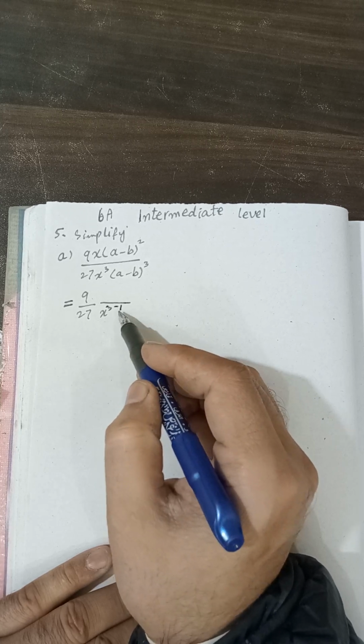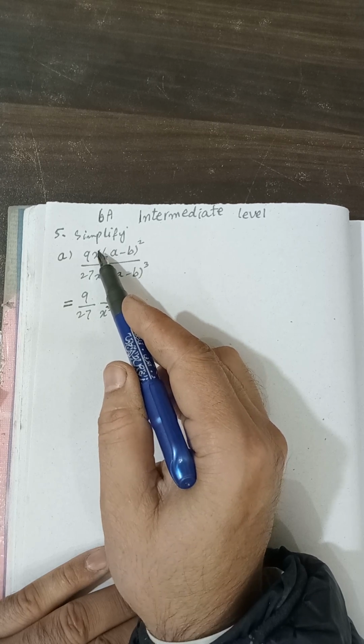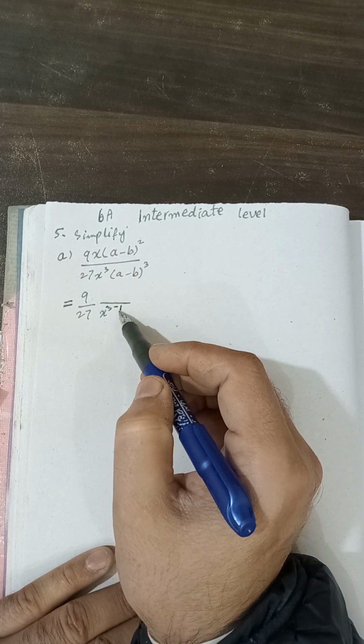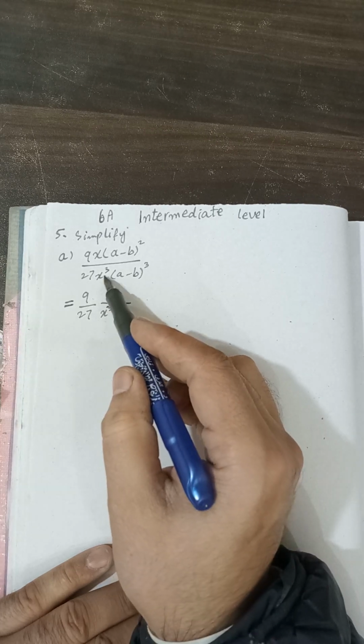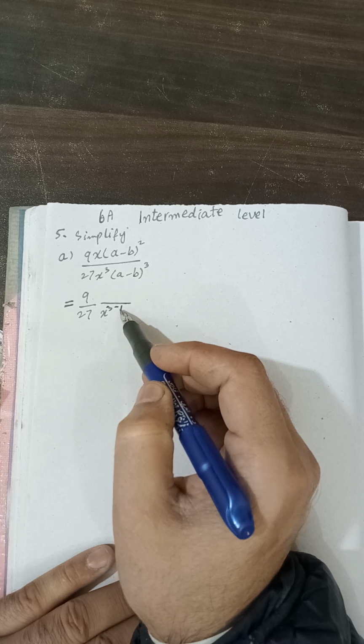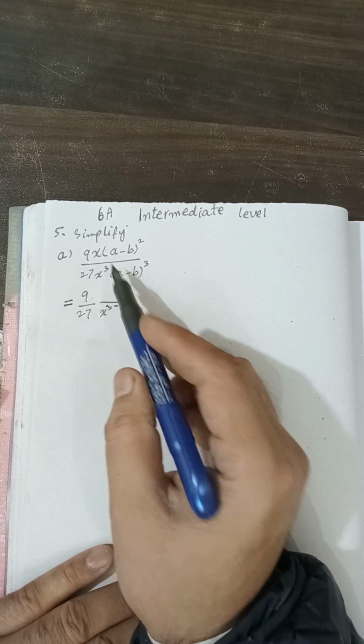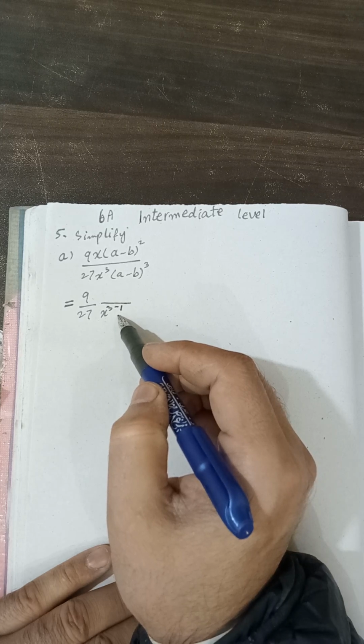I have written x³ minus 1 because this x has degree 1, or power 1, or exponent 1. I have given it to this x power 3, therefore it has become minus 1. I have brought the degree of this x to the denominator, therefore it has changed into minus.